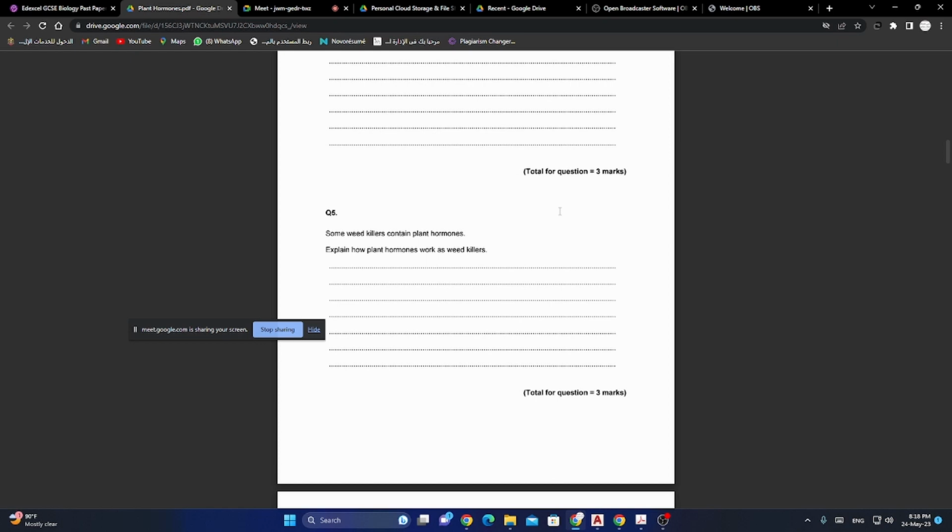Like just say the same thing as auxin. Like in auxin, what does auxin do? Right, auxin diffuses in the shoot, causing cell elongation, right? Okay, so then you can say that what's happening? How is that hormone acting as a weed killer?